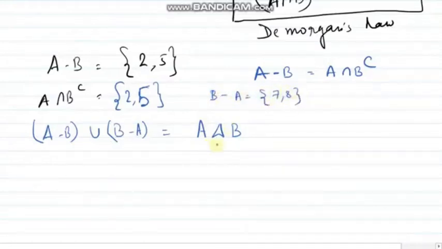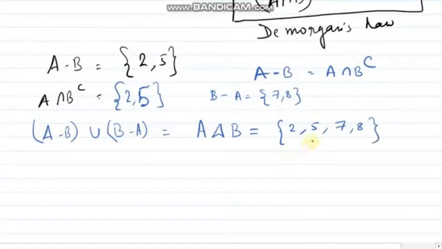So A symmetric B will be 2, 5, 7, 8. Is it fine? I hope all of you understood. We have discussed the concept of union, intersection, A minus B, complement, everything. Hope you understood this video.